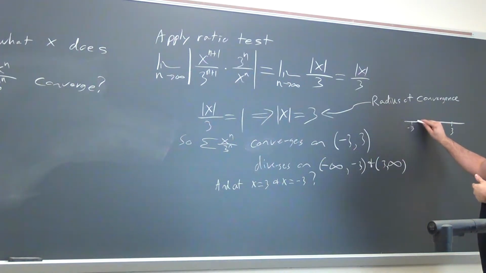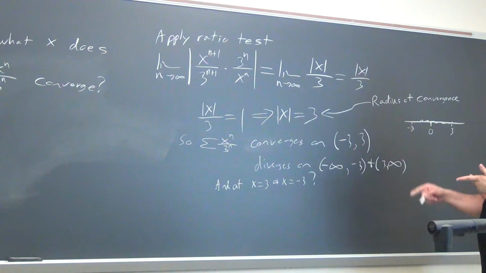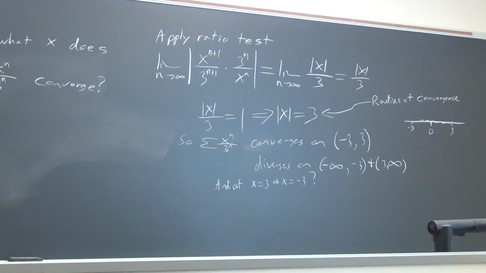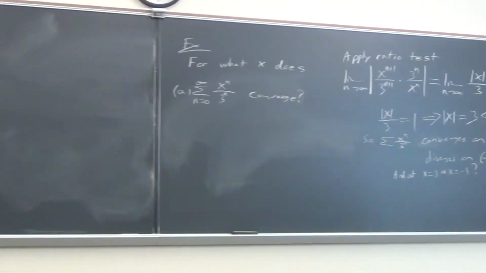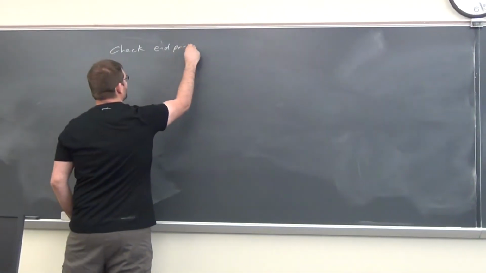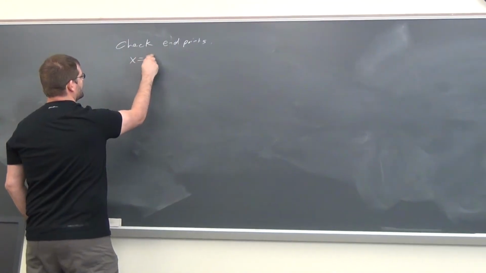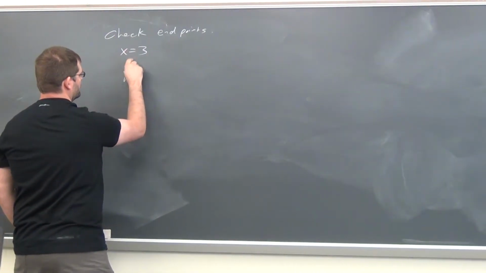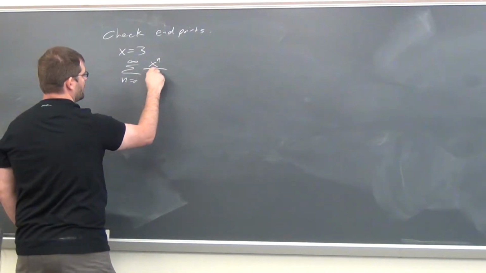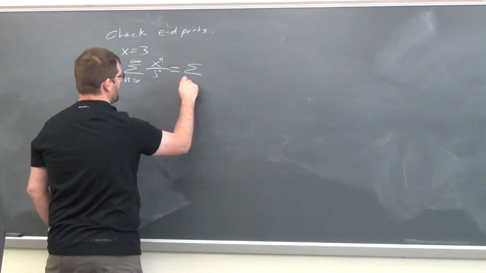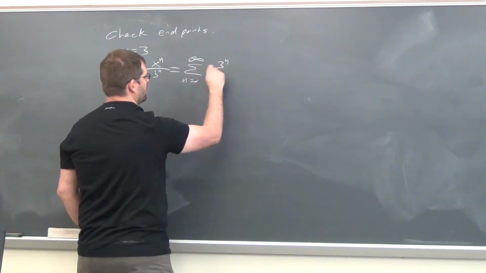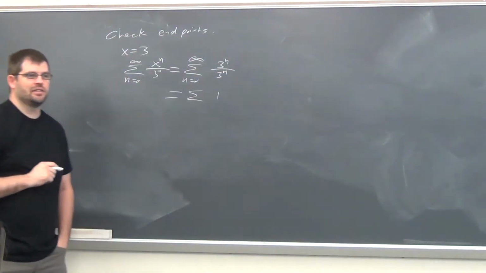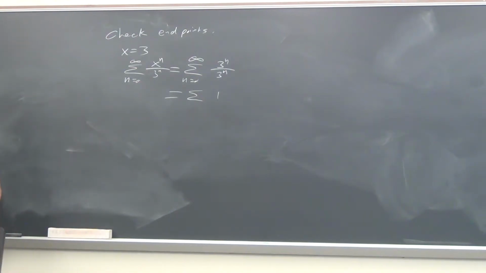So we know it converges everywhere inside, but at those endpoints this test failed, and so we have to do more. So we check your endpoints. Let's just do x equals 3. So that's the series of just 1, right?